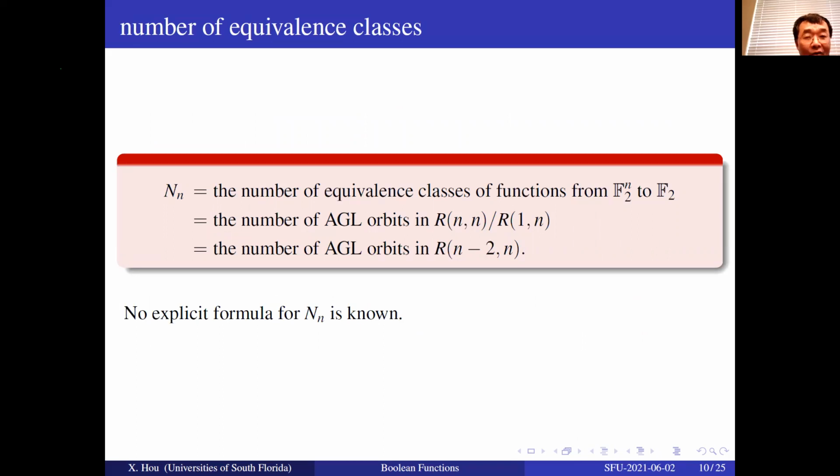And then, as we recall from the duality theorem, this number is the same as the number of AGL orbits in the dual quotient space, which is over the first order Reed-Muller code.